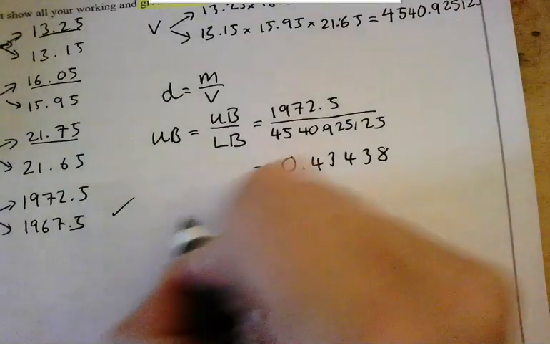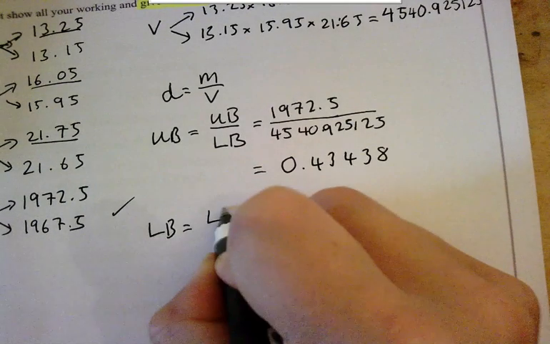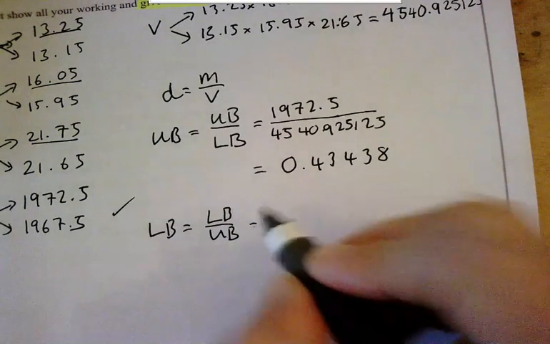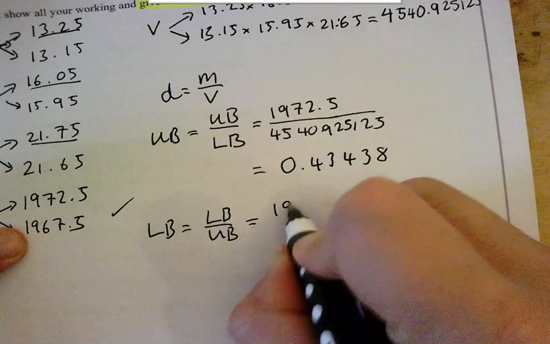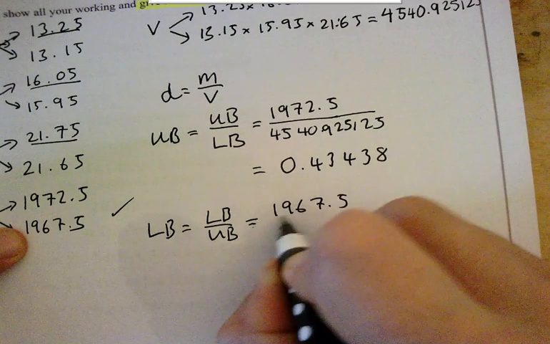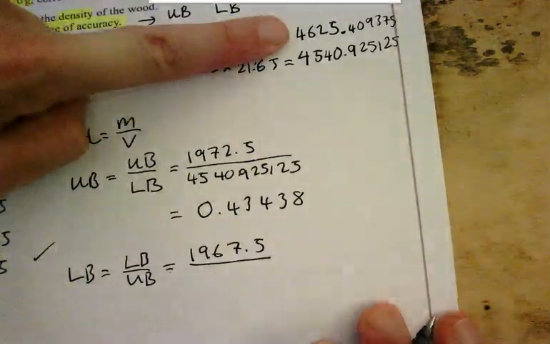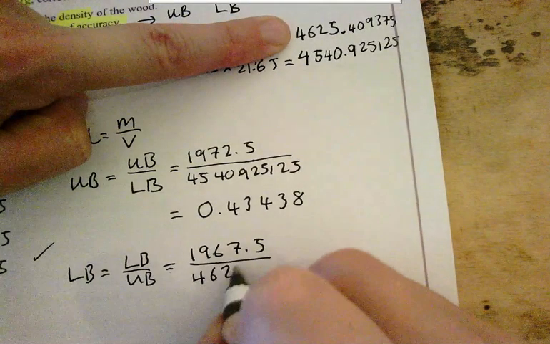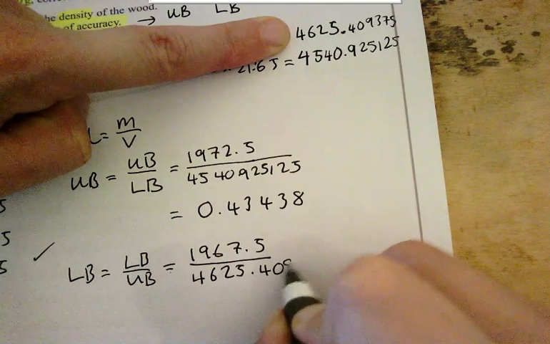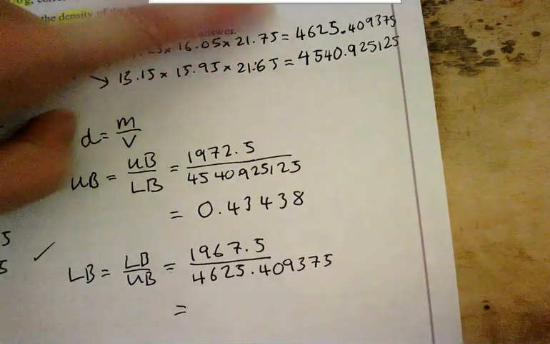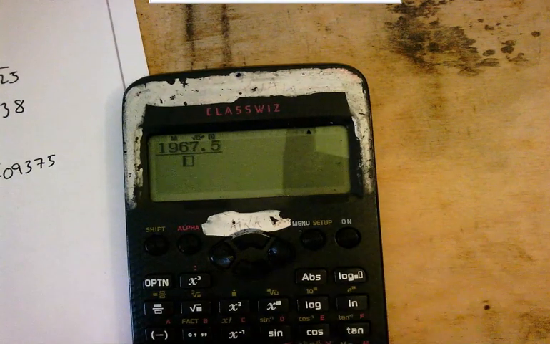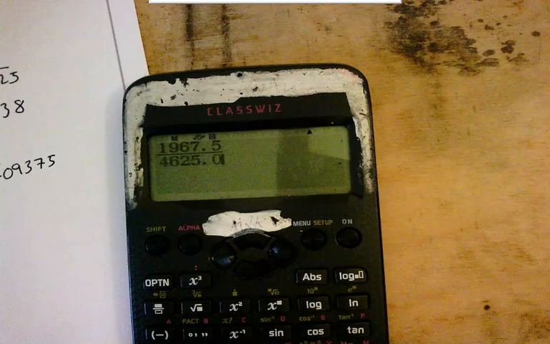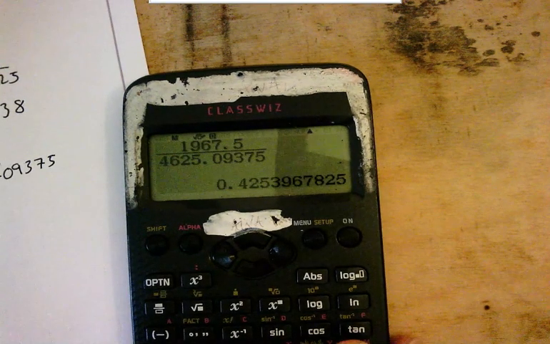And then to find the lower bound, I would need to do the lower bound for mass, so that's 1967.5, divided by the upper bound for volume, so that's the 4625 number, which gives me 0.42539.